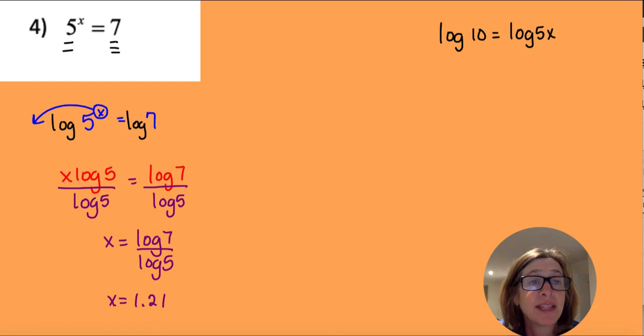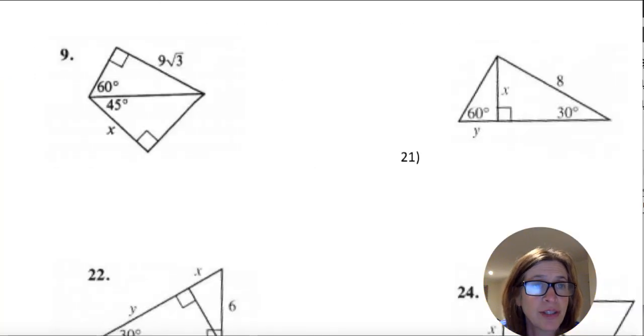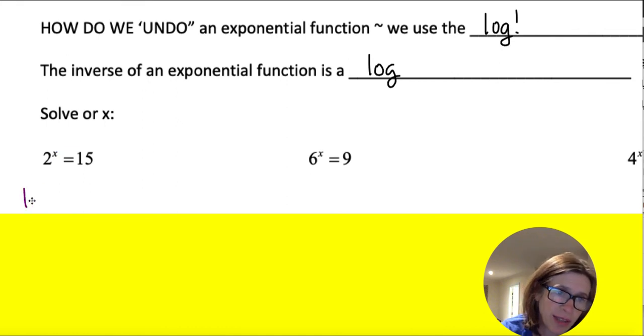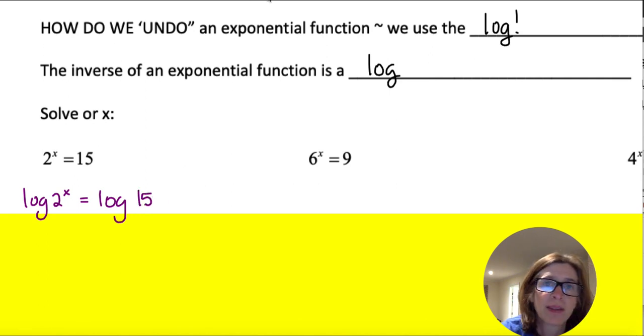All right, let's try another one. 2 to the x equals 15. Okay, so I'm going to take the log of both sides. I'm going to bring the power to the front using that property.